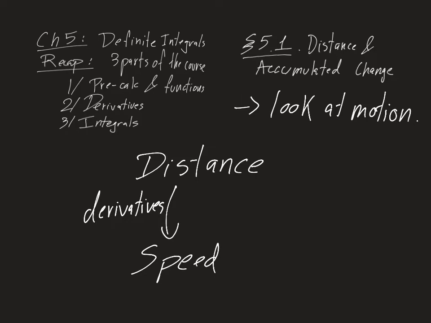And what we're going to be interested in trying to do now is doing the exact opposite. So if I have a function that gives you speed, is there a way to reconstruct the function for the distance?